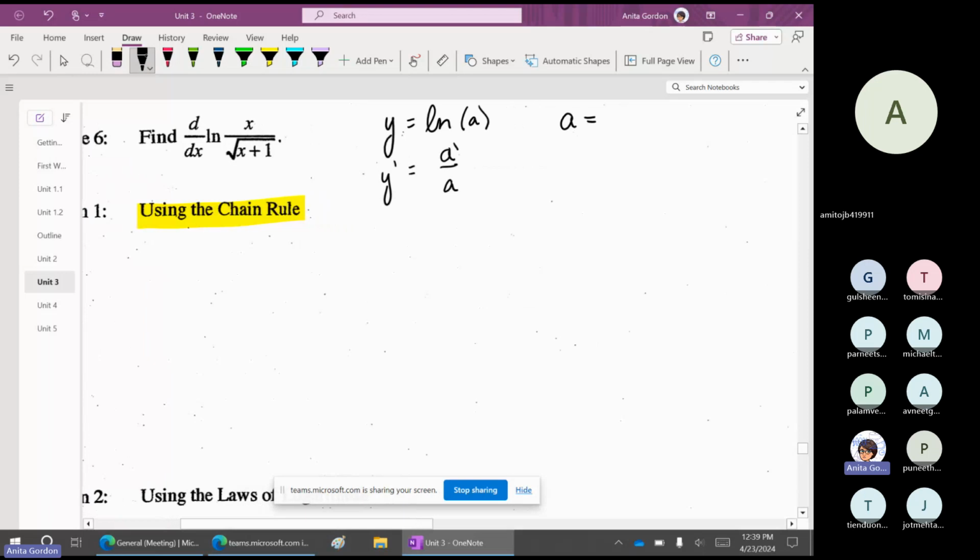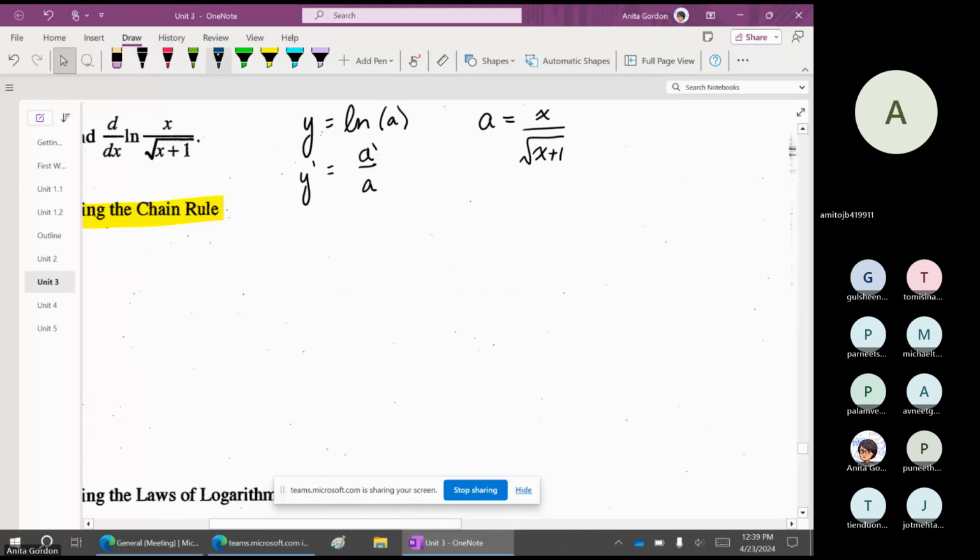A is x over root x plus 1. Call this f, call this g. I need to use the quotient rule, right? A prime, quotient rule.